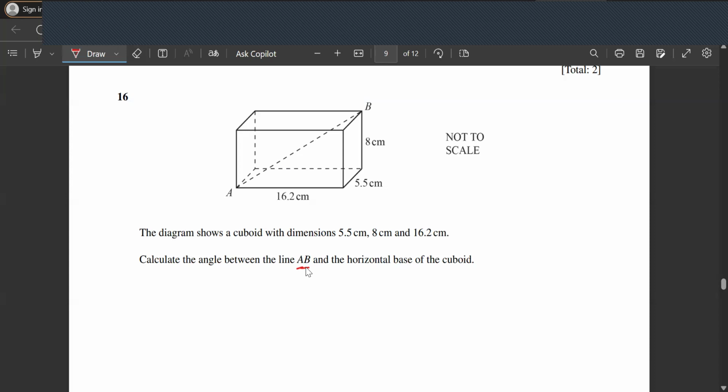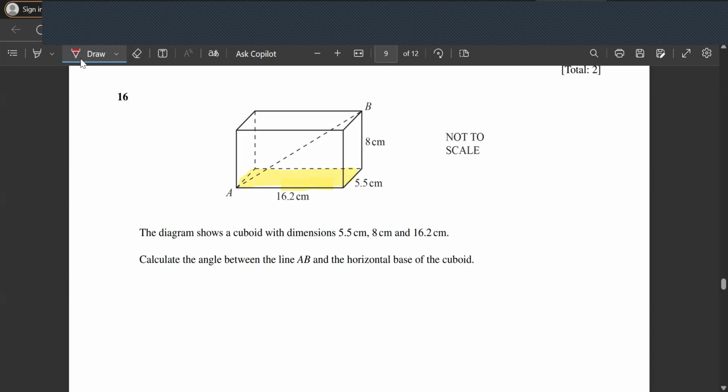Where is the horizontal base of the cuboid? The horizontal base is this one, down here. Right? Whenever he says the horizontal base, go direct and draw the diagonal of this base. Which diagonal?